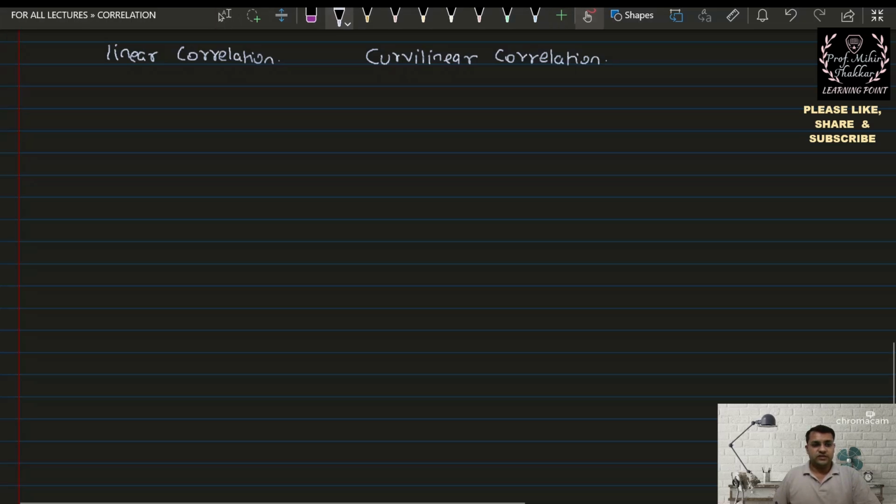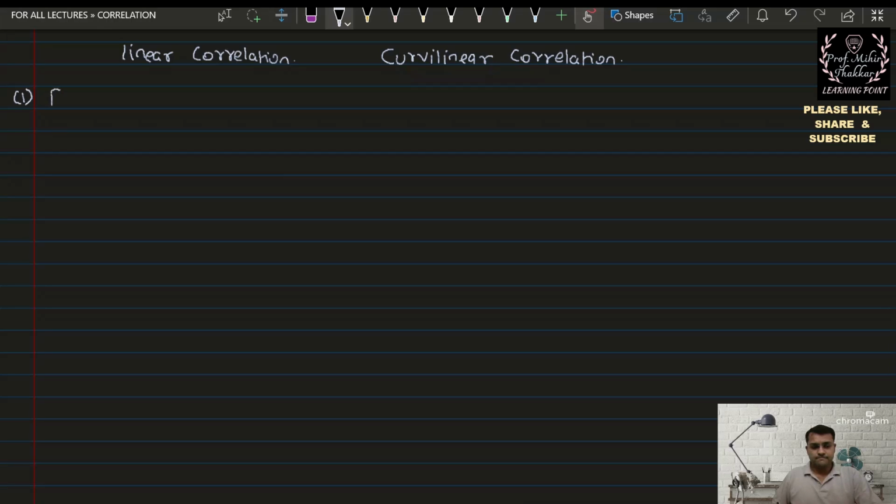Okay. So after this, the next point that we have, there are some different points under this. Write down point number 1, perfect positive correlation.